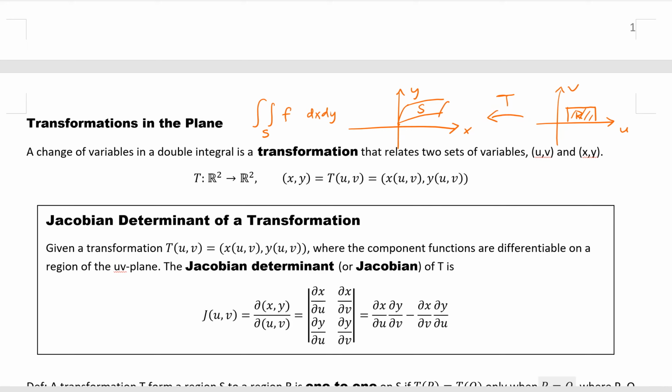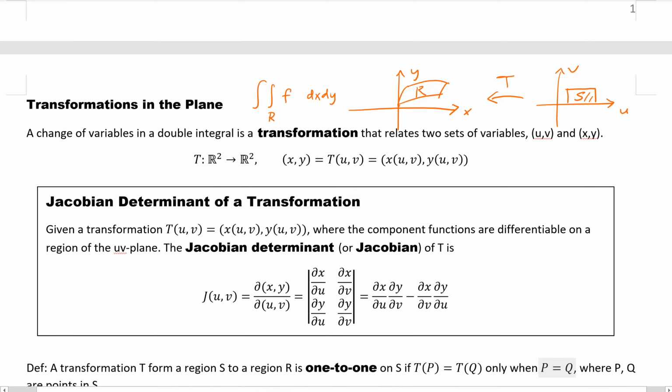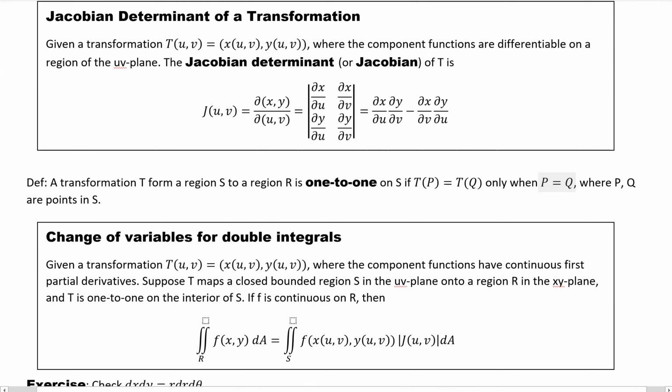It maps from a closed region S in the UV plane to the region R on the XY plane. All right, then suppose T is 1-to-1 on the interior of S.